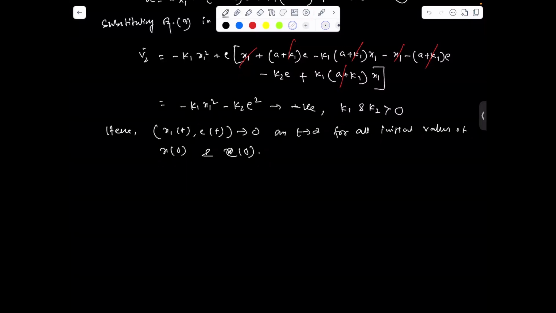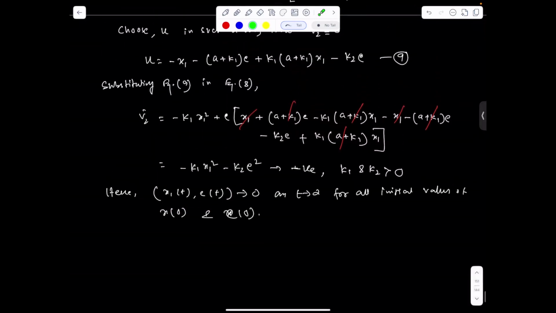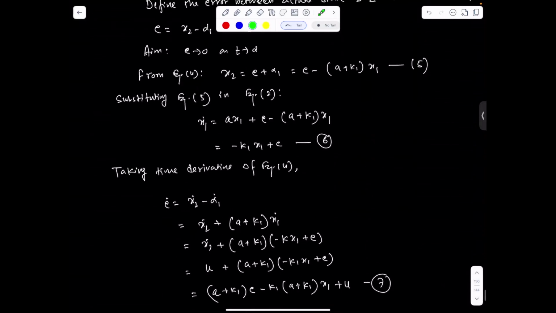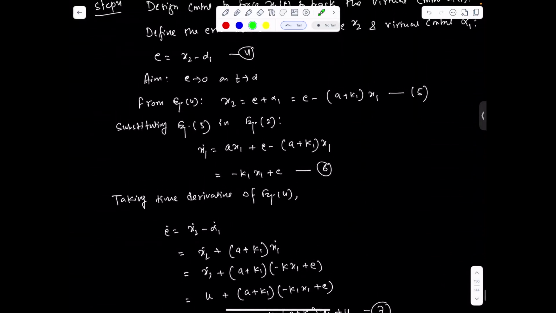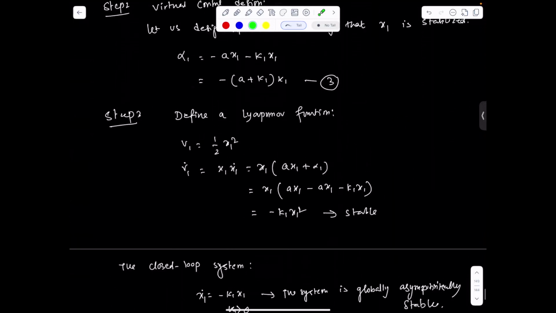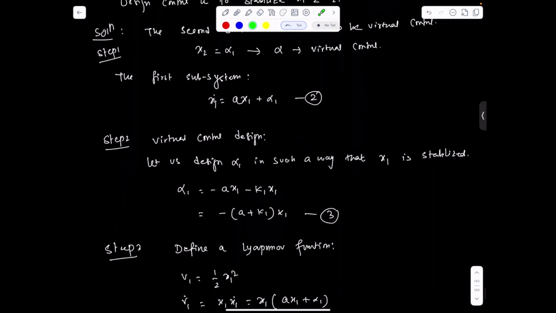Now, what about x2? Here we are proving the result for x1 and e, right? What about the x2 function, how is it going to 0? If x1 and e are going to 0, we can say this whole term is going to 0, so alpha 1 is going to 0.